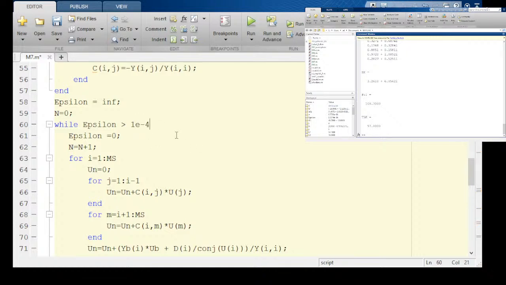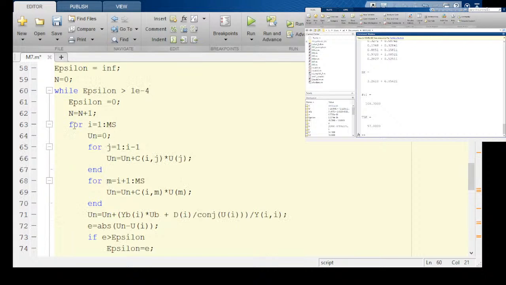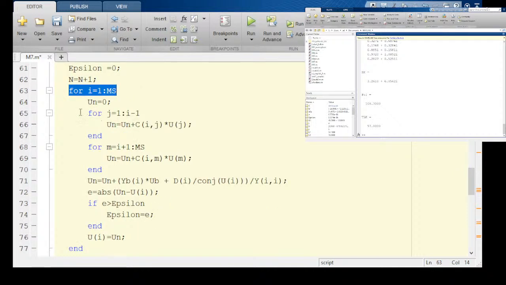Okay, 4, down to a tenth of a volt. N is the number of steps. A cycle to iterate over nodes. And here is my sum.